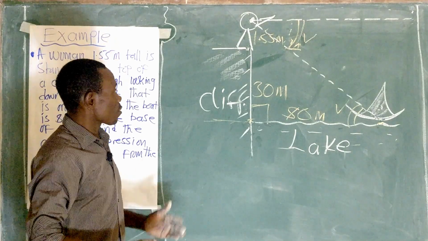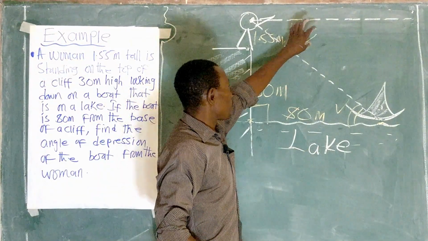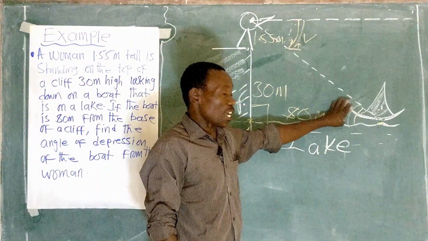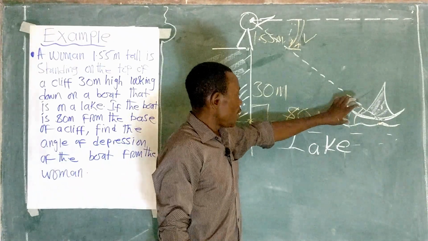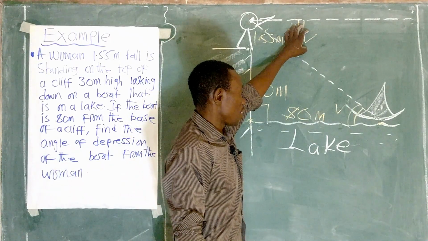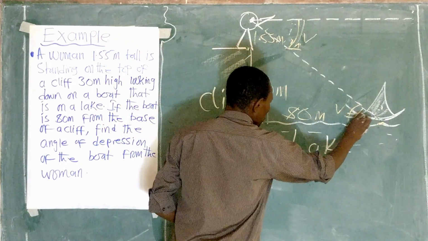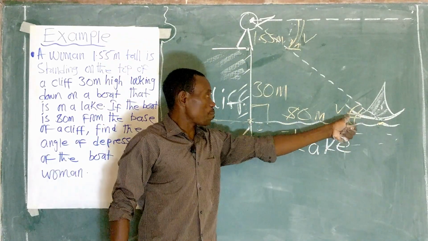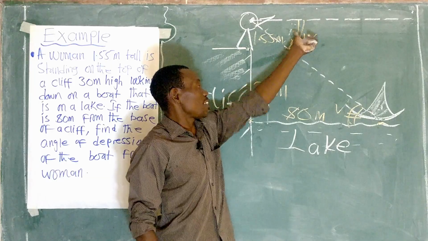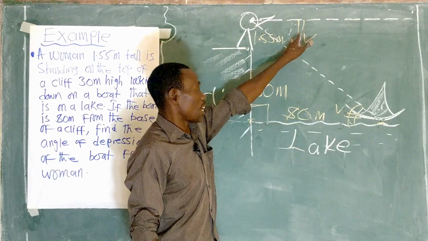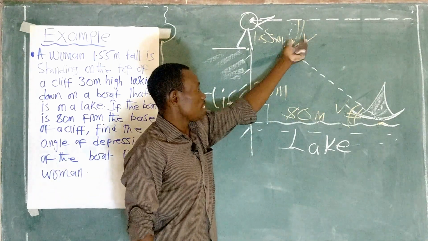Depression. So in attempting to work this out, you can just work out this angle here. Working out the angle of elevation is as good as finding the angle of what? Depression. Right, so in short, let's just take that we have to find the value of this angle here. Once we find this, we should expect that this one is alternate to that. Then once we find this one, it is equal to that one. This one is elevation, this is depression.